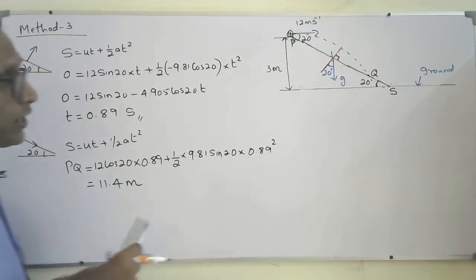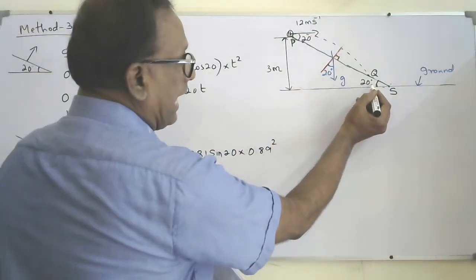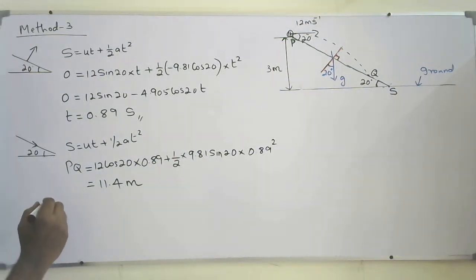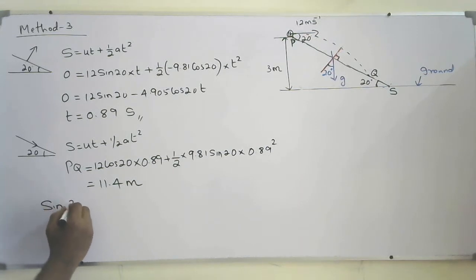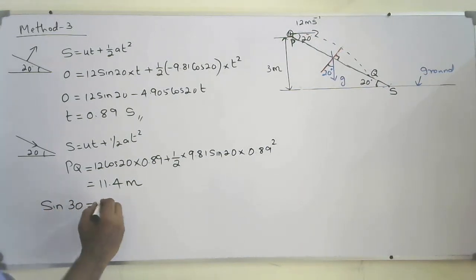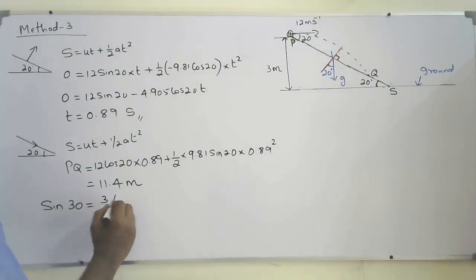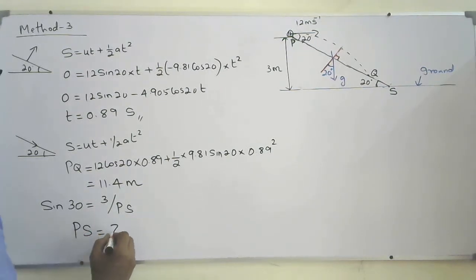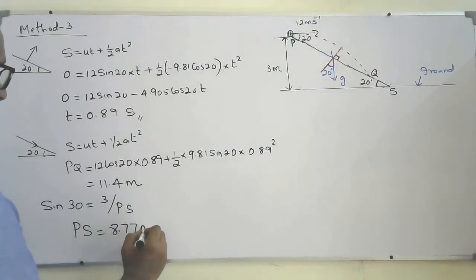So that means the point at which it hits the slope from the initial point will be 11.4 meters. According to this height and this angle, we will find the length PS. We can find it by using sine 30. Sine 30 will be equal to 3 over PS. So PS will be equal to 8.77 meters.